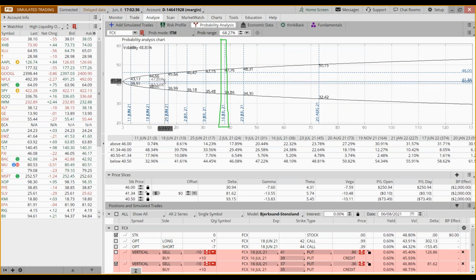What are the odds it stays above 41? It's a little less than 50-50, very close though to 50-50. Well, if I can get 50-50 odds and get 2.5 or 3 to 1 on my money, that's a reasonable prospect, right? That's a very reasonable prospect.